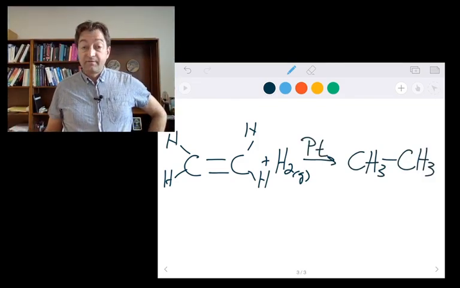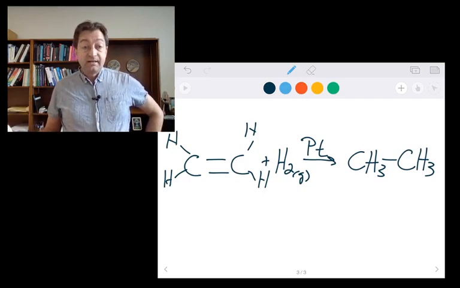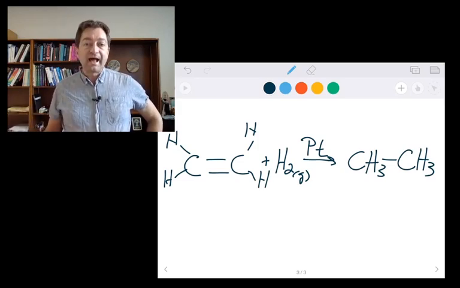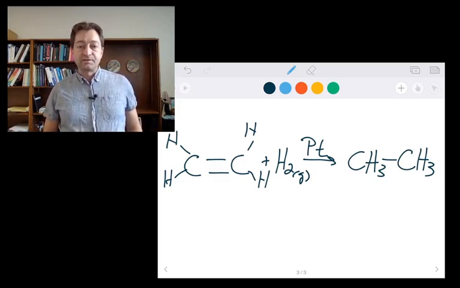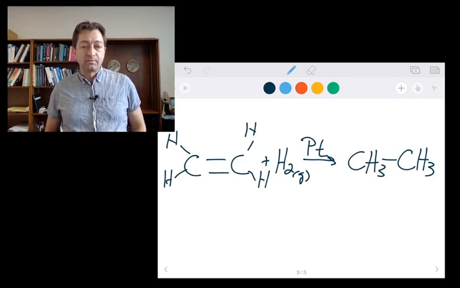We take a molecule of ethene or ethylene, any kind of double bond containing molecule. We take a molecule of hydrogen gas, and we take a catalyst of some kind, in this case platinum. You can also use palladium, and there's a couple of other transition metals in general that you can use to catalyze this reaction, but platinum is the one that's most commonly used.